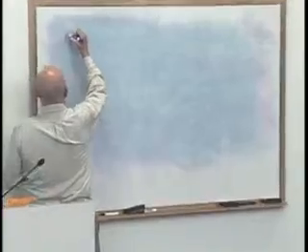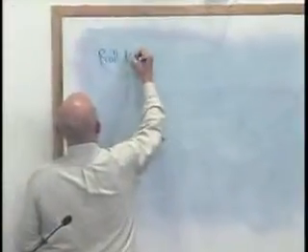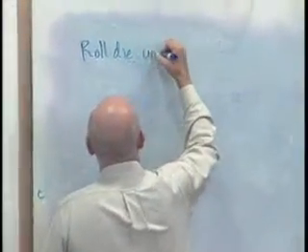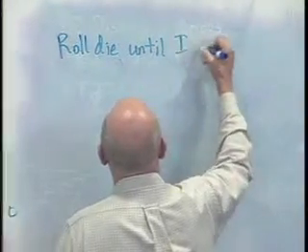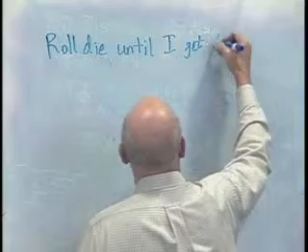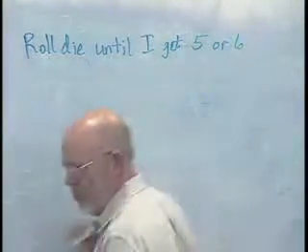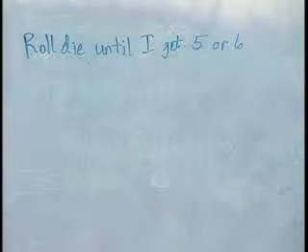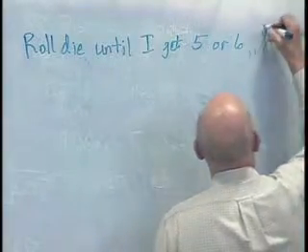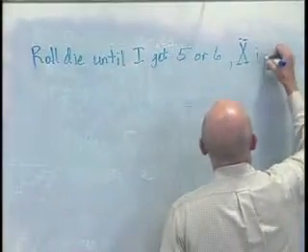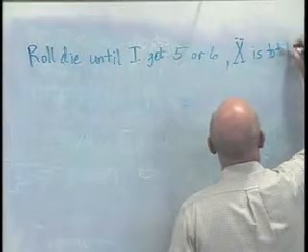So here goes. Here's the deal. I'll roll a die until I get a 5 or a 6, and capital X, a random variable, is the total number of rolls.